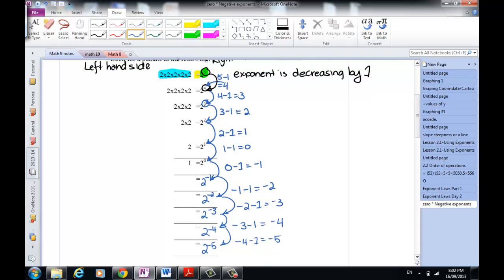On the left-hand side, the first part of the equation we have here is 2 multiplied by 2 multiplied by 2 multiplied by 2 multiplied by 2.